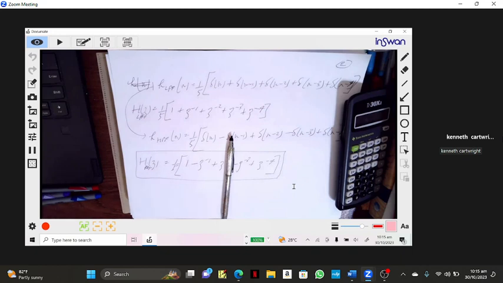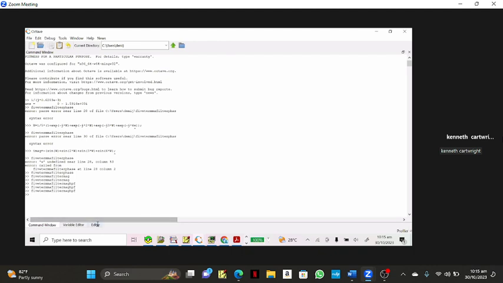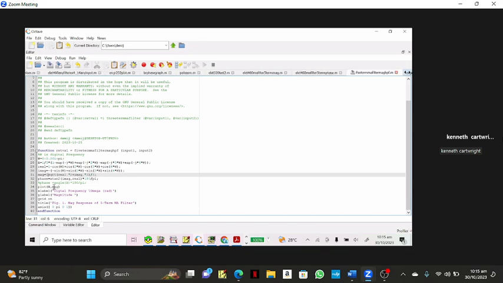There's another thing I want to do. We could also plot the magnitude in dB. You could plot the magnitude in dB simply by saying magnitude equals right here 20 times log 10 of the magnitude.